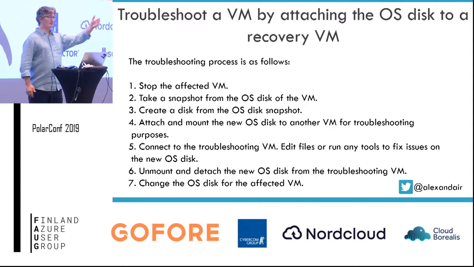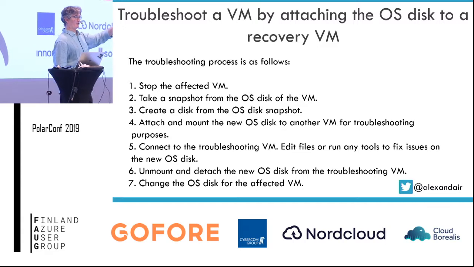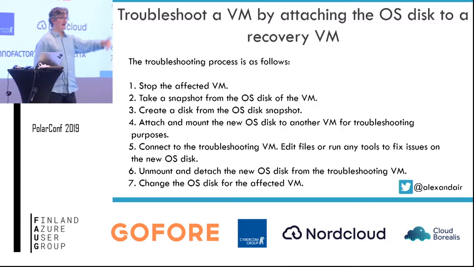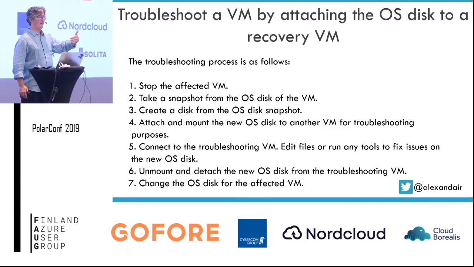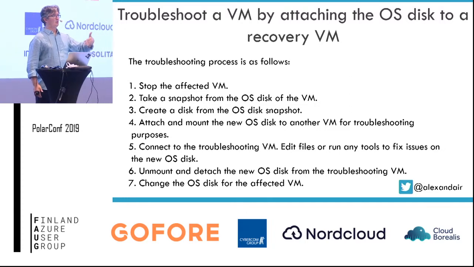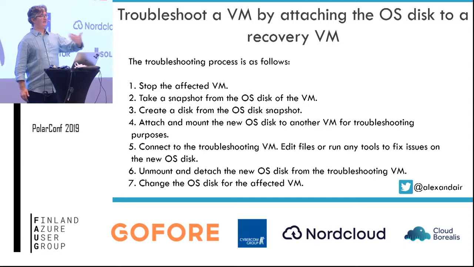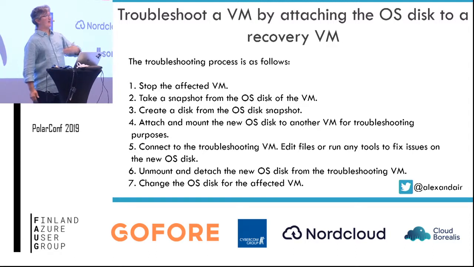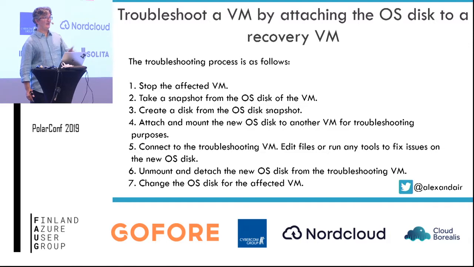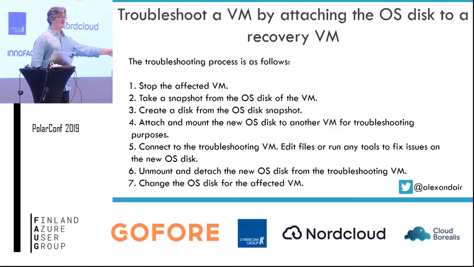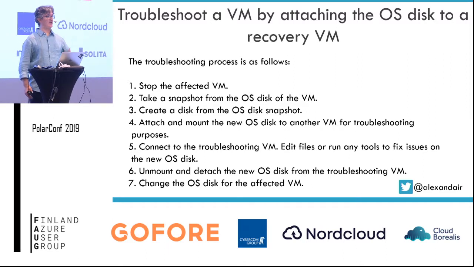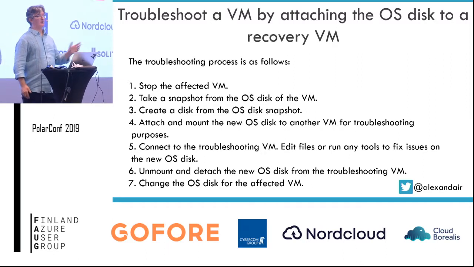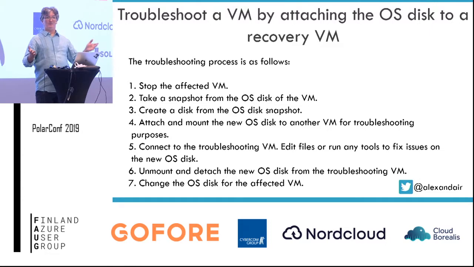You need to detach that disk from your source VM and attach it to some VM that is called recovery VM as a data disk, do the changes on that data disk, and then reattach it from the recovery machine and reattach it to the first one. It's not easy, right? Lots of steps. As you can see, like 7 different steps here, lots of things to do. Very often you might make a mistake, really, right, for all that.